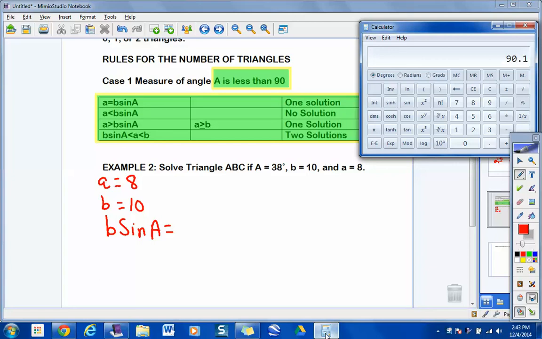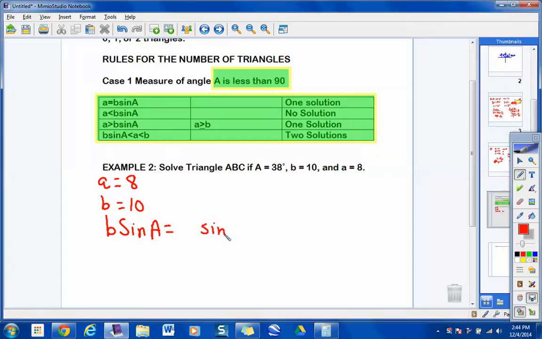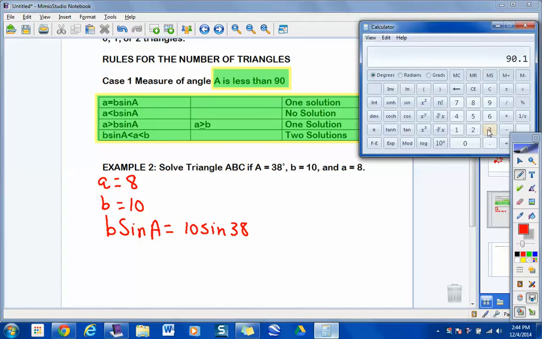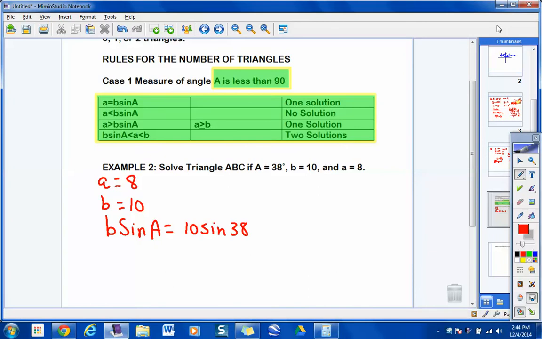B sine of A would be the sine of 38 times the B value of 10. On my calculator, I'm going to go 38 degrees, sine this out, which is about 0.62, and times that by 10. So 6 point how much? 2. About 6.2. Everybody agree that that's about 6.2, the value we're going to compare to figure out how many triangles there are? So this is equal to 6.2.